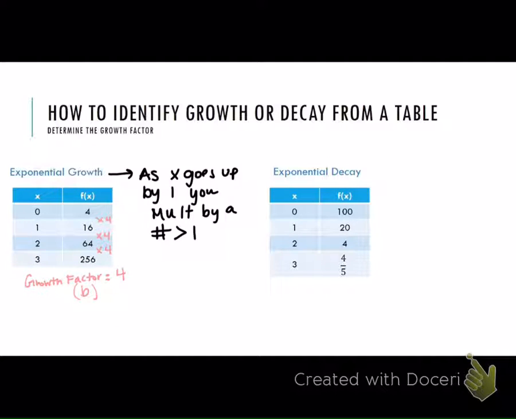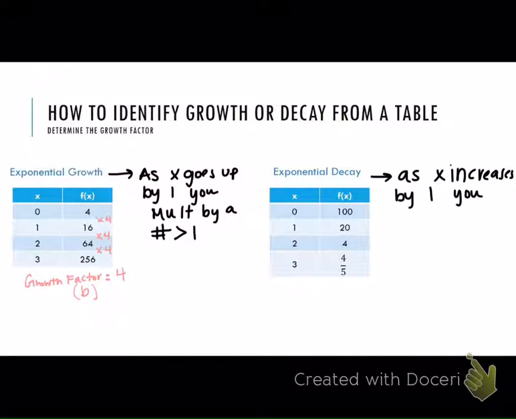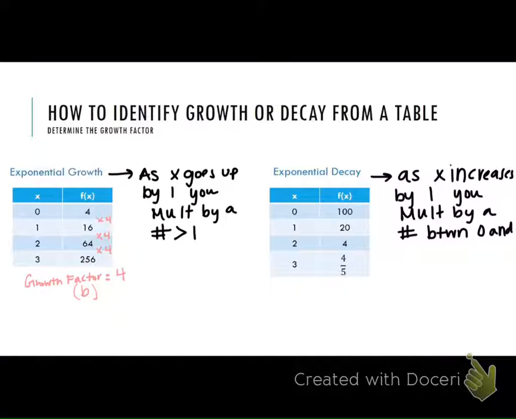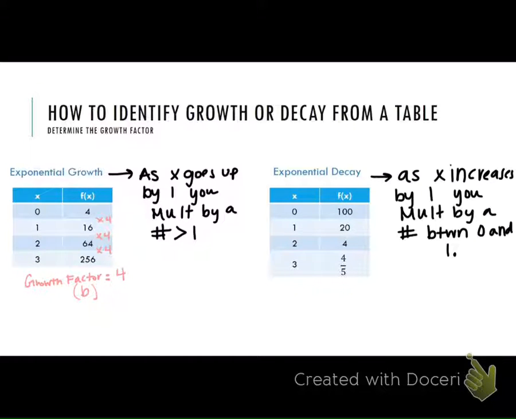So for decay, as x increases by 1, you multiply by a number between 0 and 1. So you can think about it as division first, but you should never tell me you're dividing by a number.